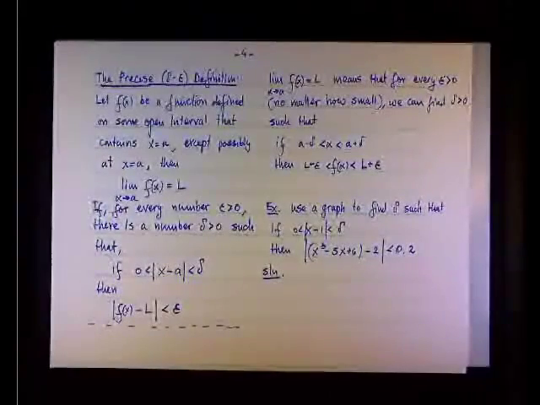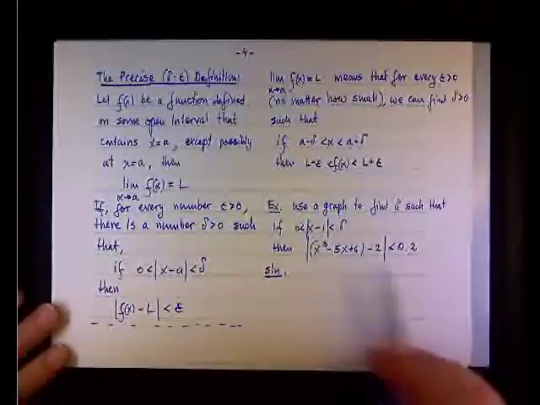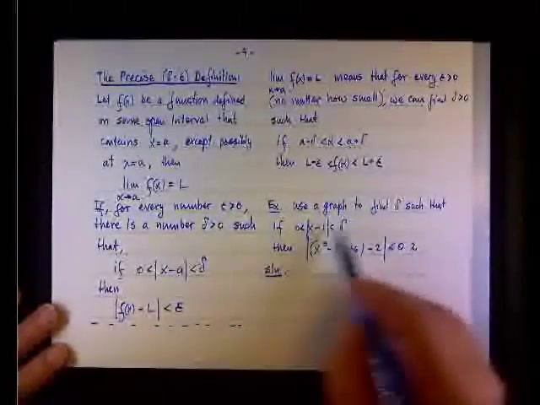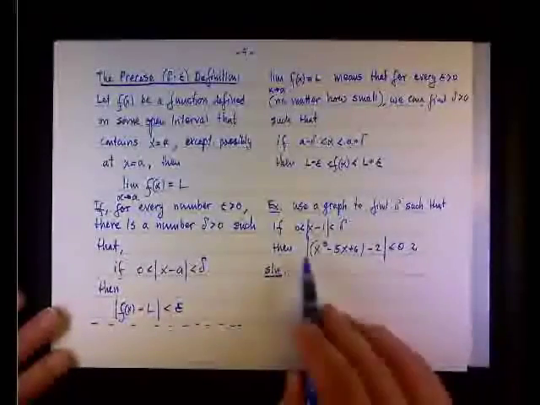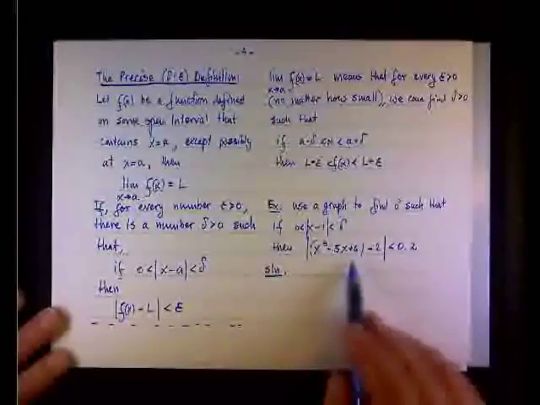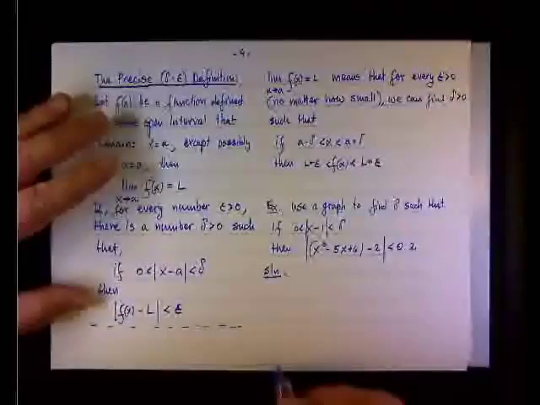The first thing we need to do is to recognize the function and the other component, which will be a. Instead of x minus a, we have x minus 1, and instead of f of x minus L, we have x cubed minus 5x plus 6 minus 2. So here's what we take out of this.